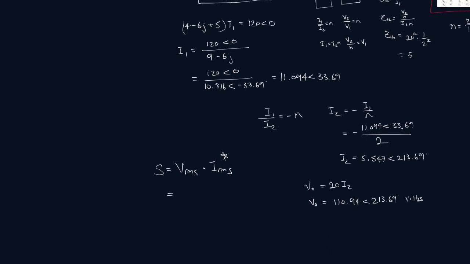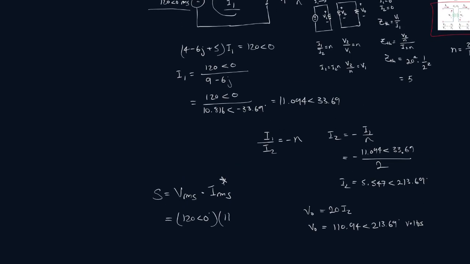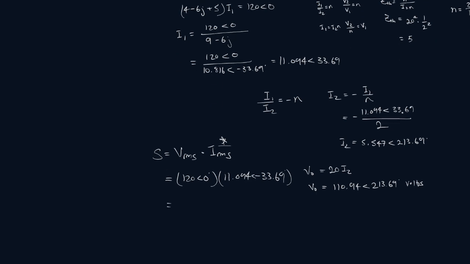It's 120 phasor 0 degrees, and I1 was 11.094 phasor 33.69 degrees, and the conjugate means flipping the sign of the angle. So it's 1331.28 phasor minus 33.69 volt-amperes.